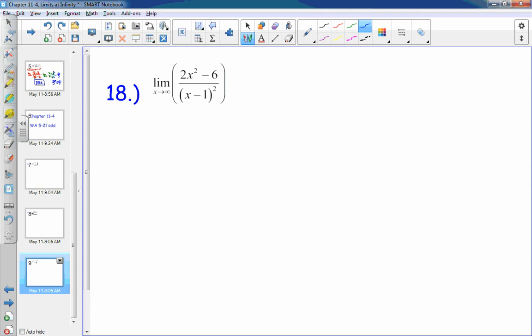I would FOIL that. The limit as x approaches infinity of 2x squared minus 6 all over x squared minus 2x plus 1. Do we all see that? Then do you know what your denominator is of highest degree? X squared. Now can you calculate this?